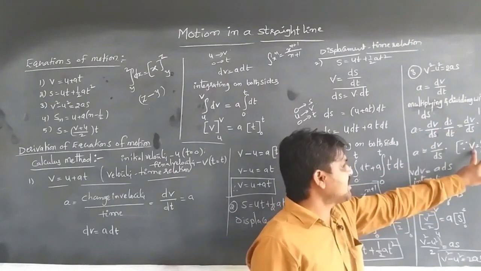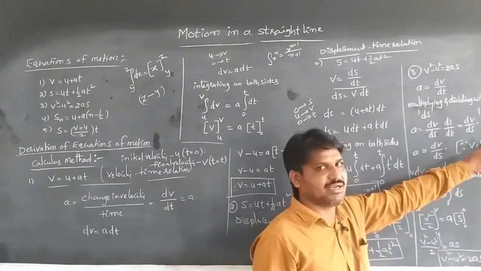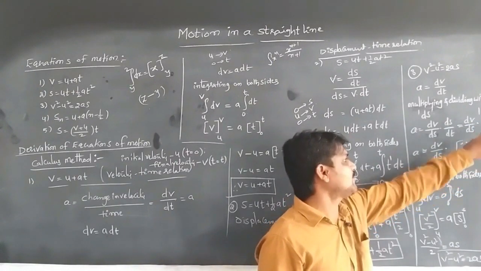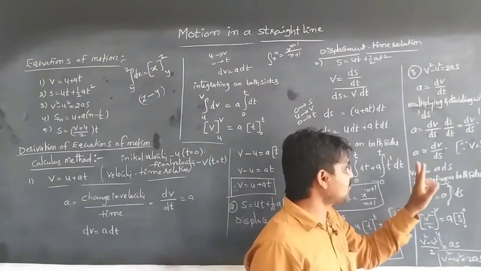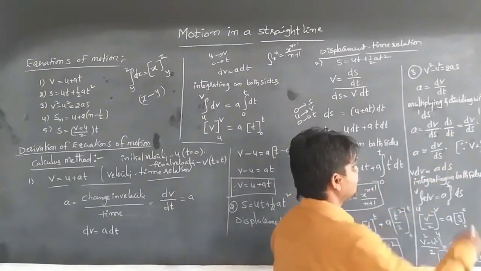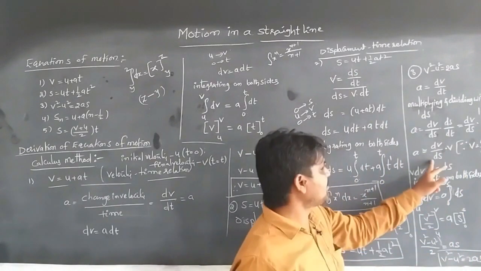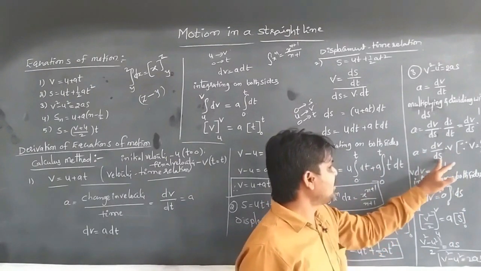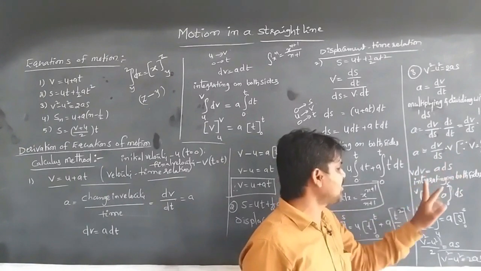But we know that velocity is the rate of change of displacement, so a is equal to dv by ds into v. From this relation, by cross multiplying, ds comes to this side, then v dv is equal to a ds.